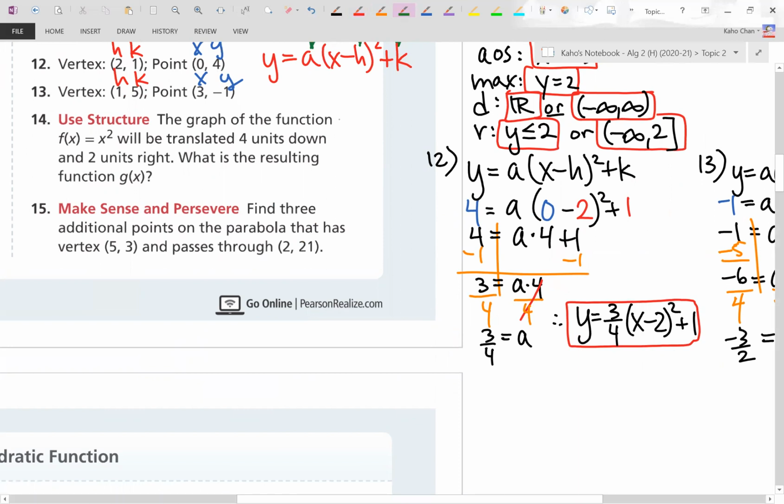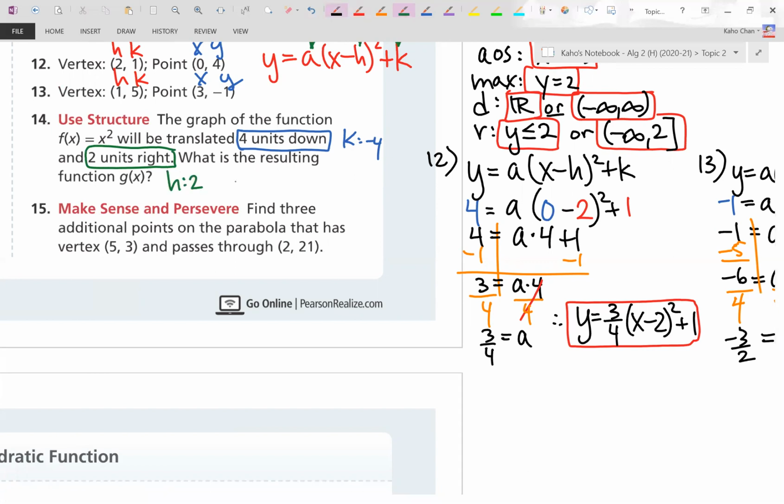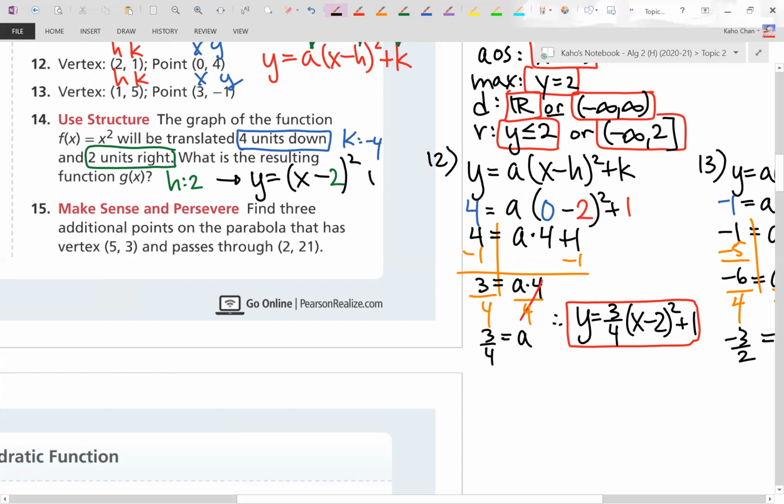When I see 4 down, I'm thinking of k is -4, and 2 to the right is h, +2, which means my answer, with no stretch, shrink, or reflections to worry about, is y equals x minus 2 squared plus -4, or just write -4. Yay, there it is. That's number 14.